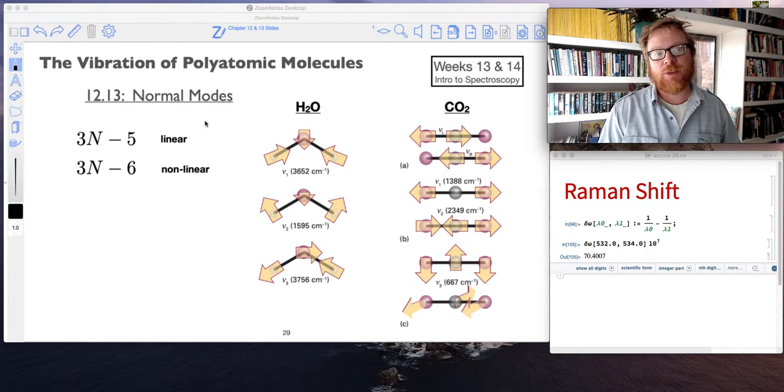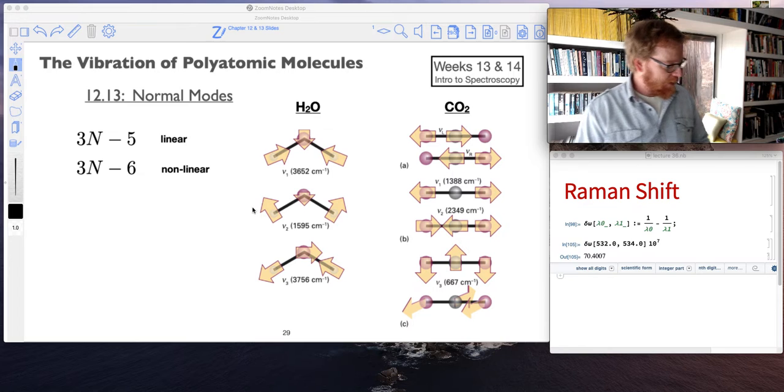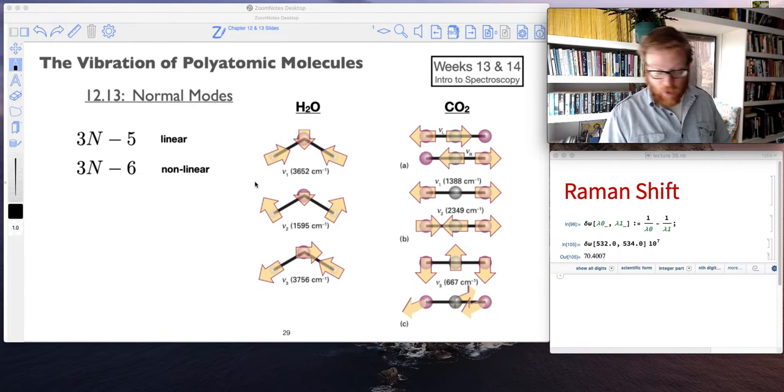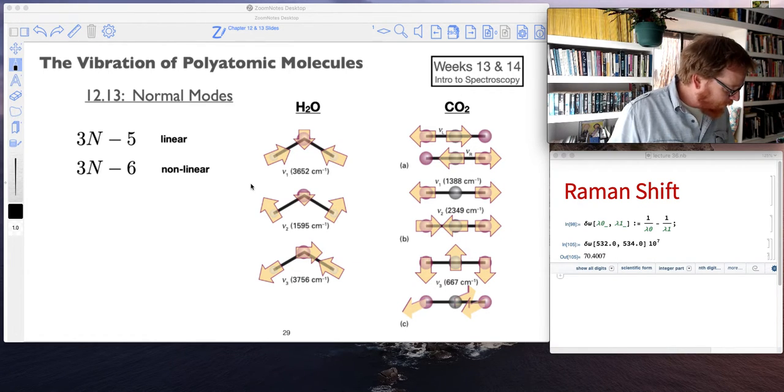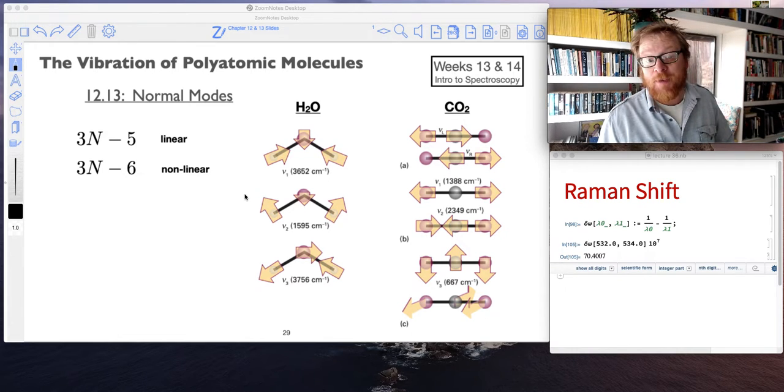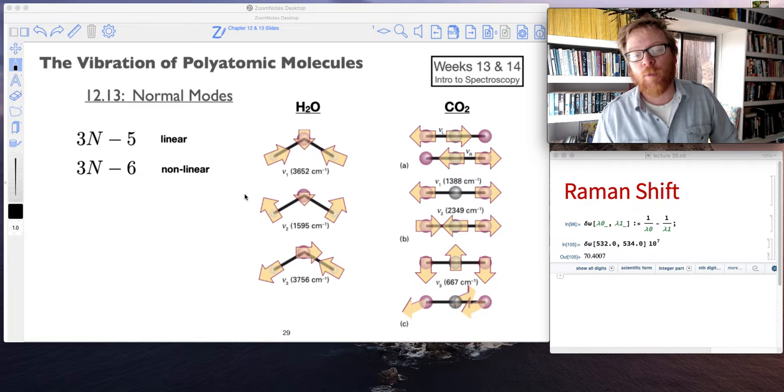So first, I want to introduce this concept of normal modes, and I realize I should have had a definition up here, so I'll read you a definition. A normal mode is an independent, synchronous motion of atoms or a group of atoms that may be excited without leading to the excitation of another normal mode.